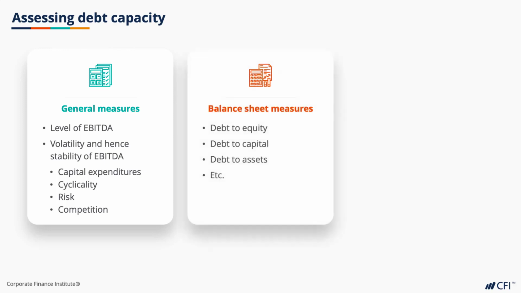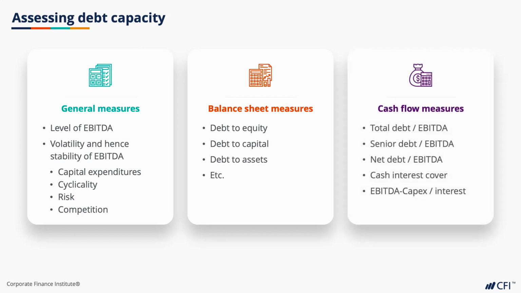Lenders can also look at balance sheet measures, such as the company's debt-to-equity ratio, debt-to-total capital ratio, debt-to-assets, and other balance sheet ratios. This is just giving you a quick flavor of how lenders might look at a business. And then moving on from the balance sheet, they can look at cash flow measures, such as the company's total debt to EBITDA, senior debt to EBITDA, net debt to EBITDA, cash interest coverage, and EBITDA minus CapEx divided by interest, which is the interest coverage ratio.